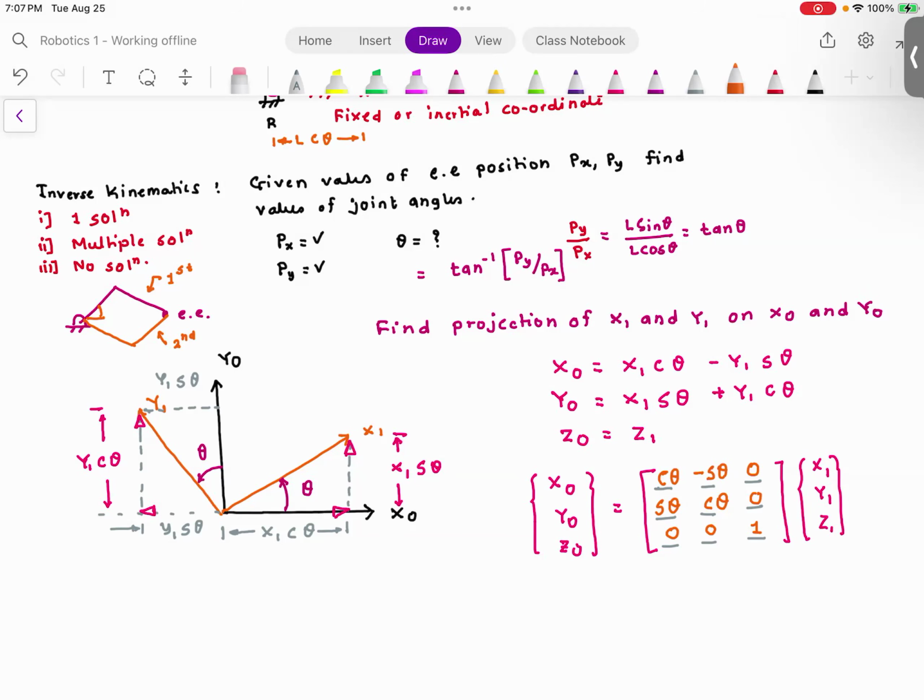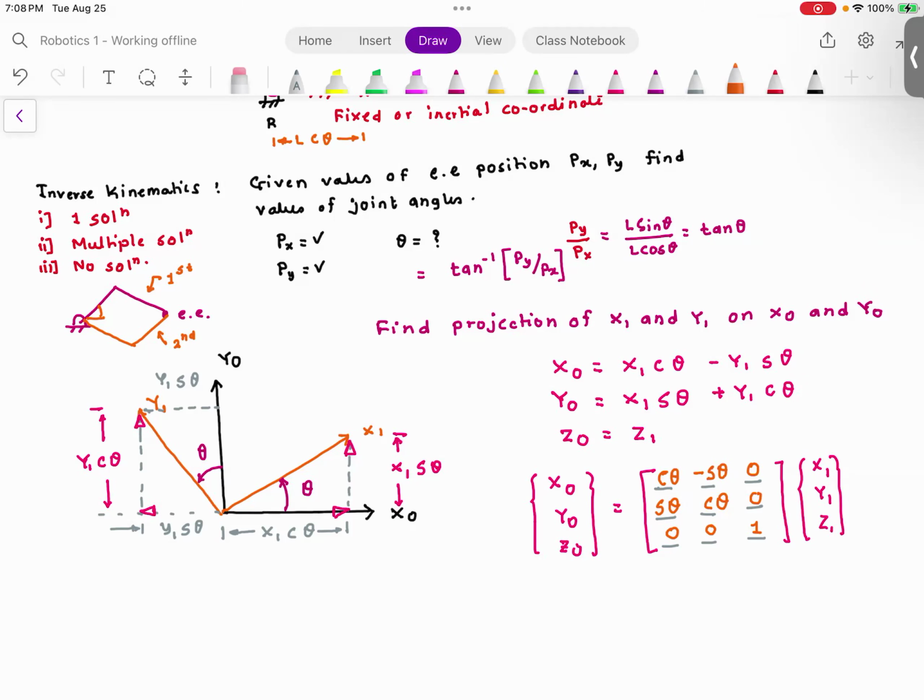Now, there is one more thing that I want you to remember. I want you to read the problem statement. I want to find the projection of x1, y1, z1 on x0, y0, z0.